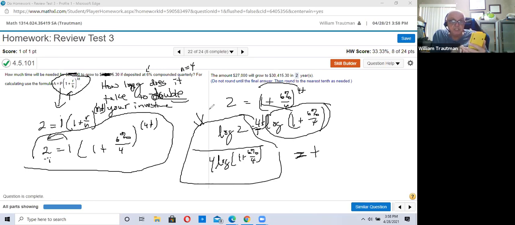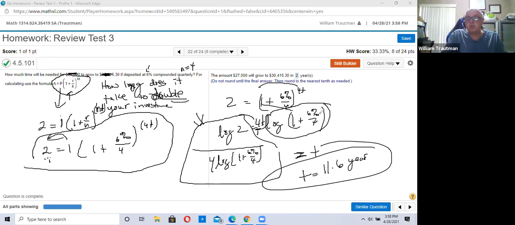Mine looks exactly like that rectangle there. And it's going to take 11.6 years to double. To double $1 to $2 is going to take 11 years at 6% interest.